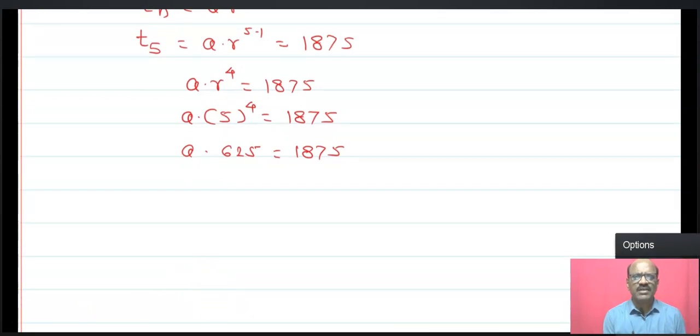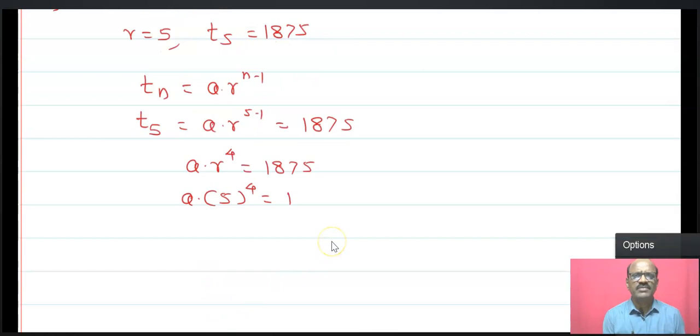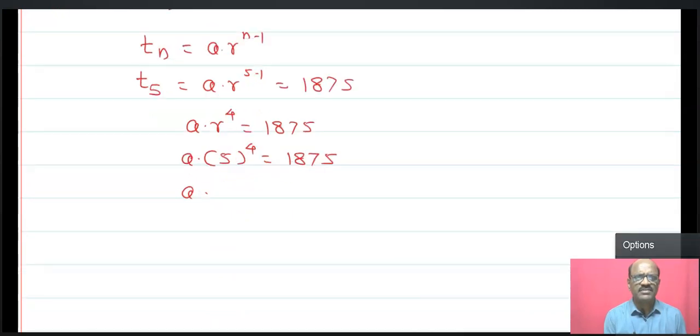As we have substituted the values, n is replaced by 5, the value of r is here, and after putting this value, you will get a into 5 raised to 4 is 1875.